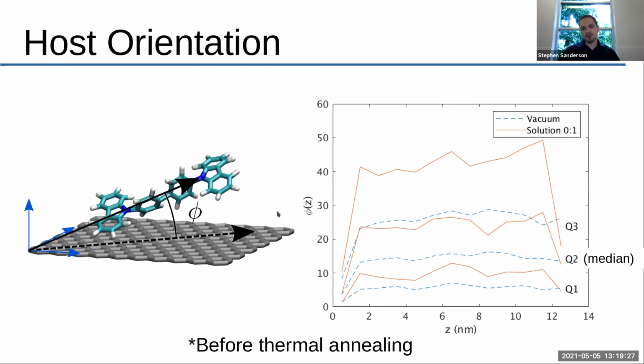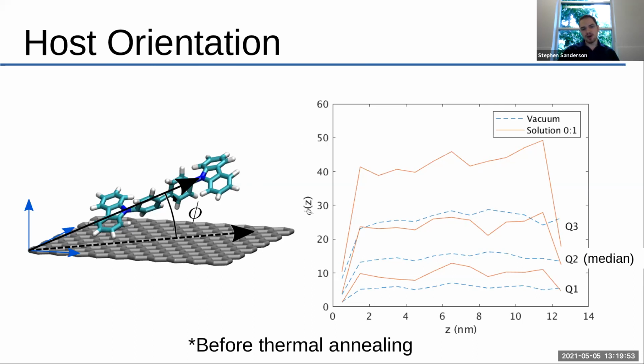And if we look at the orientation of the CDP molecules, we see that in the solution deposited film, there's a broader distribution of orientations relative to the substrate. Since CDP is a relatively long molecule, if we were taking the center of mass, then we'd have a longer hopping distance for electron transport between CDP molecules.